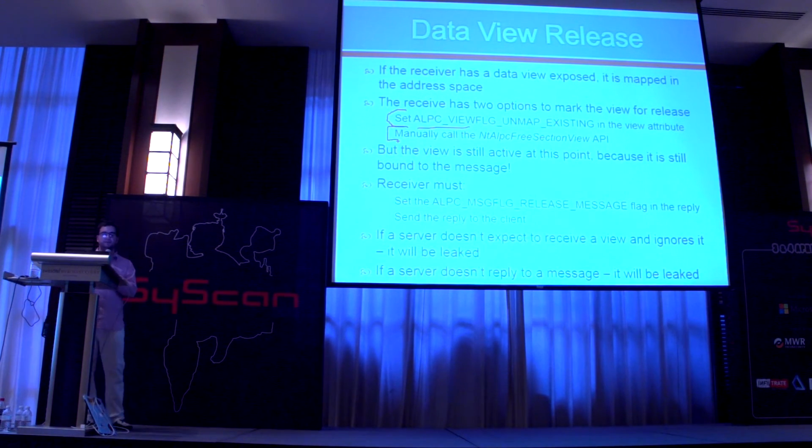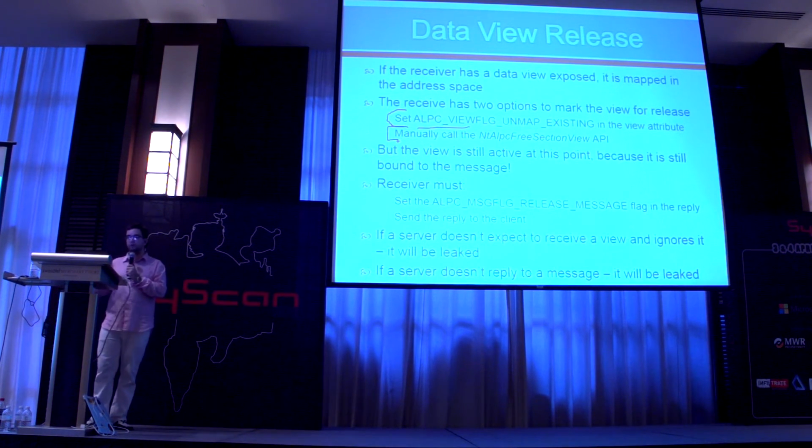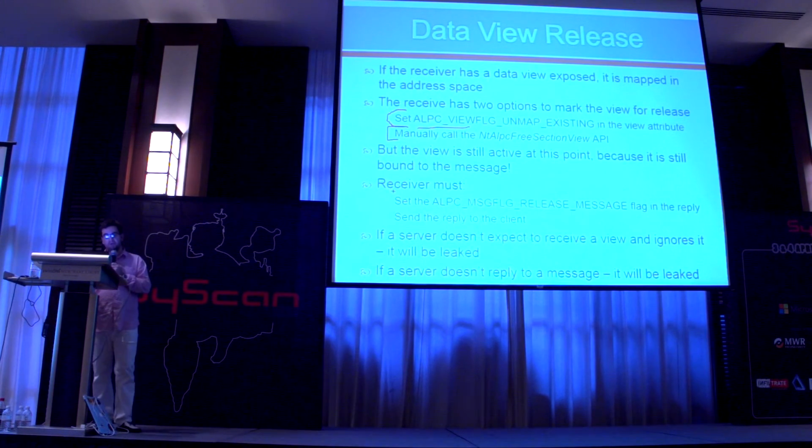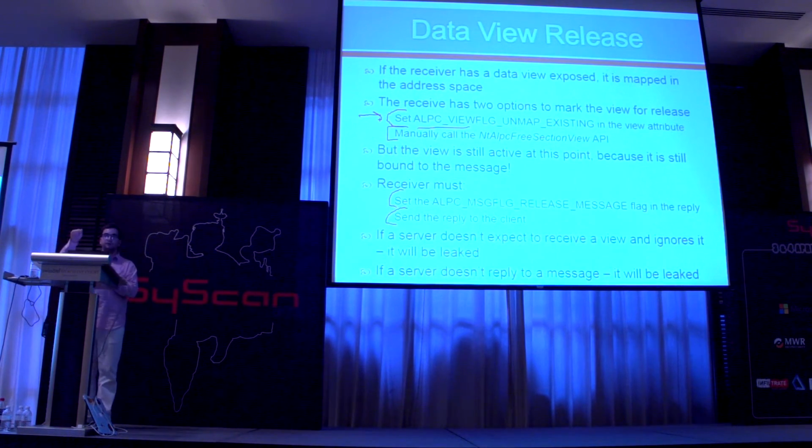So how does the ALPC runtime know when to release the message? You have to first of all set this flag that says, please release any resources associated with this message, and you have to send a reply to the client. Once you send the reply with that flag, with a view attribute with this flag, then the runtime is going to say, you're passing me a view, your view says to unmap the existing view, your flag says to release messages, okay, I'm going to go and release this view.